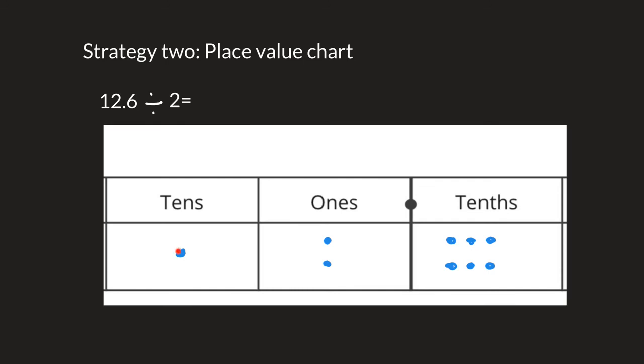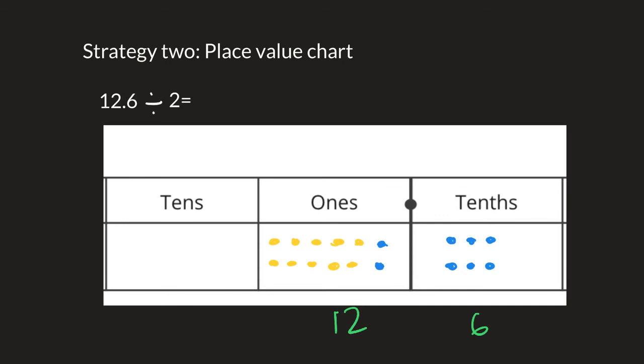So let's move this over to here and add 10 of them. All right, now that we've added 10 to the ones, now we want to divide it by 2. In the ones section, we've got 10 plus 2, so we have a total of 12 ones, and we've got 6/10.